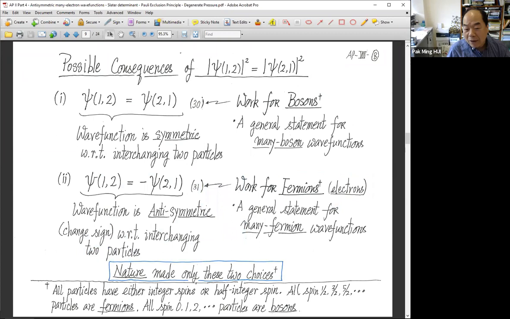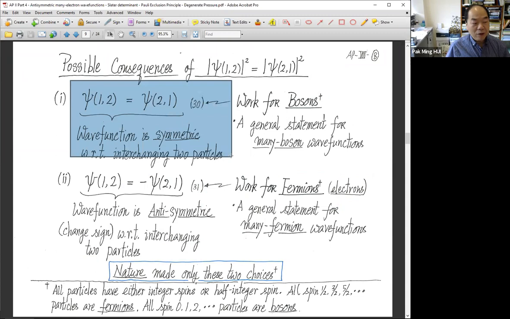But nature is so clever. There's another class of particles called bosons. The many boson wave function takes on the symmetric option. So nature makes both choices, but uses it to distinguish two classes of particles.